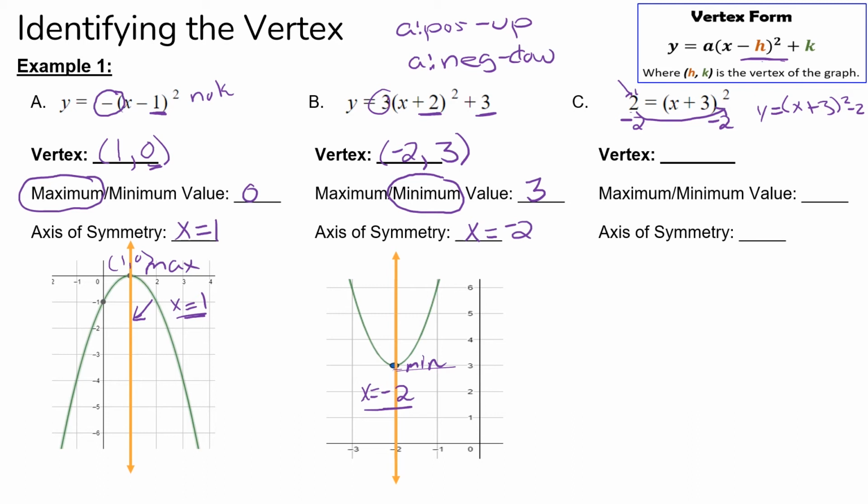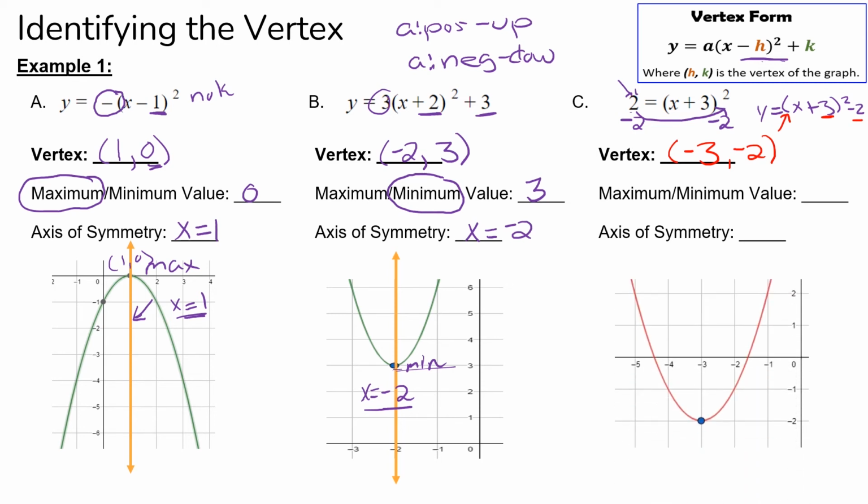All right, so now we have an h and a k. So it's not 3, it's going to be a negative 3, because remember we have to put the opposite. And our k is negative 2. That graph, if we don't see a value right here for a, it is understood positive 1. So that graph is going to go up.